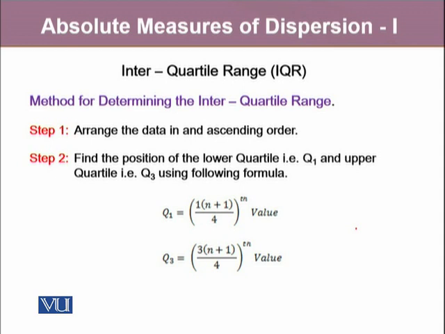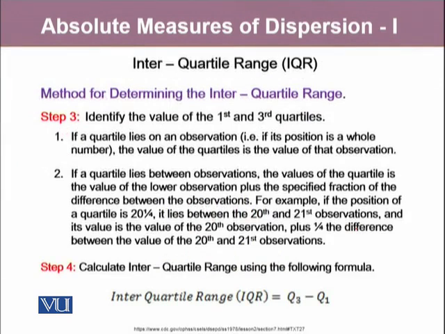In the first step, we arrange the data into ascending order. In the second step, we find the position of the lower quartile and upper quartile using the following formulas for Q1 and Q3, which are very much familiar to us. Then in step 3, we identify the values of the first and third quartile using the mechanism that we already have talked about. And in step 4, we calculate the interquartile range using the following formula, which is just the difference of the third quartile and first quartile.